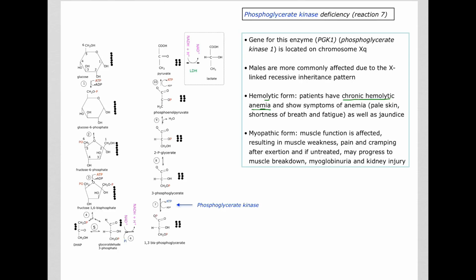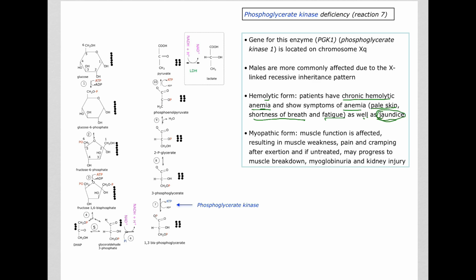So without enough red blood cells, or anemia, the individuals will show symptoms of anemia that include pale skin, shortness of breath, as well as fatigue, because there is not enough oxygen being carried by the red blood cells in the body. The excessive breakdown of red blood cells will release hemoglobin, and the hemoglobin will be converted into bilirubin.